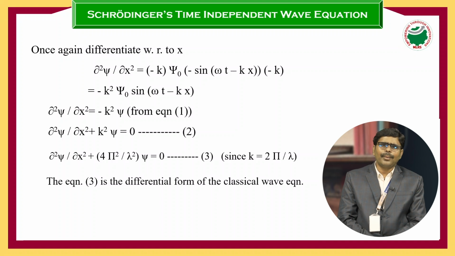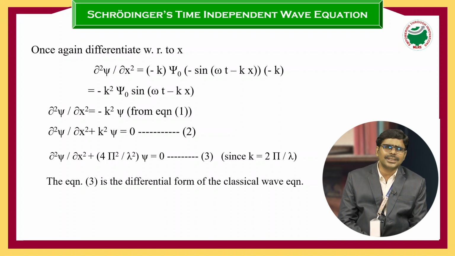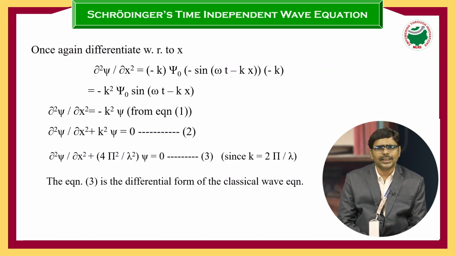We know from Hamiltonian mechanics that the total energy is E is equal to kinetic energy plus potential energy. So the kinetic energy is equal to total energy minus potential energy. Here, kinetic energy we represent as ½mv² is equal to E − V. From this equation, m²v² is equal to 2m(E − V).